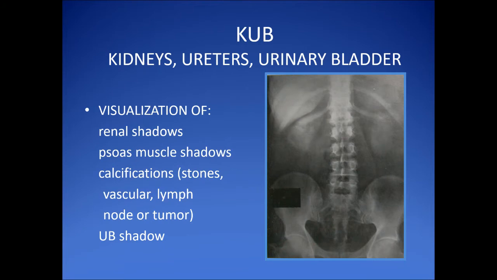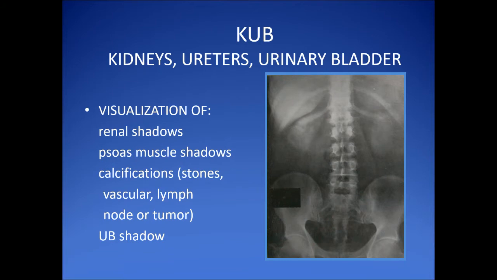The psoas muscle border should not be obliterated. This should be intact, because any obscuration will denote pathology. Examples will be the presence of psoas muscle hematomas, abscesses, or even tumors.